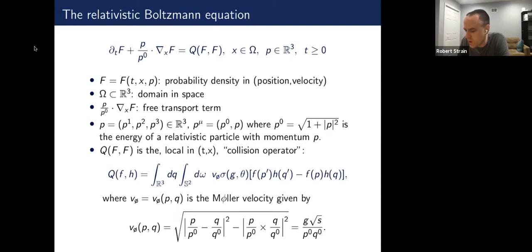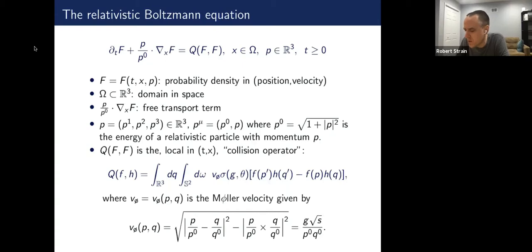We call this non-local because it's an integral over dq and d omega of these quantities: v theta, which is the Moller velocity, and sigma, which is a collision kernel. Then you have F(p')H(q') minus F(p)H(q), and you're integrating this.